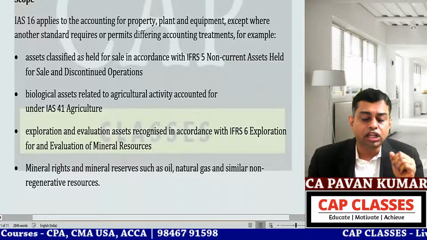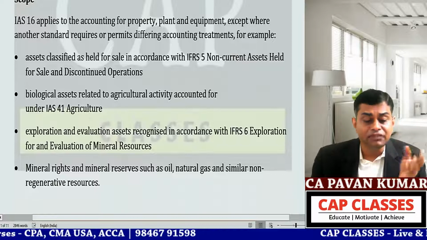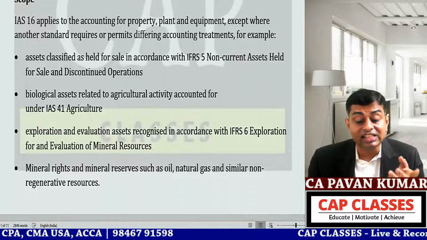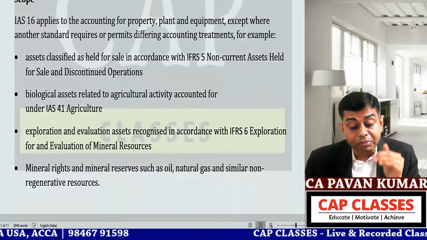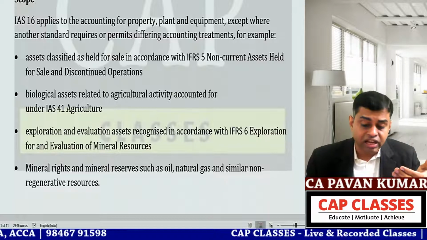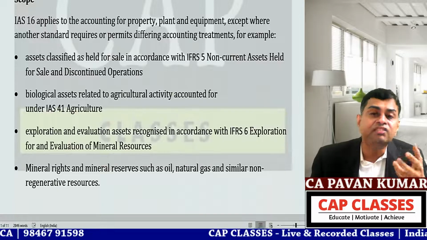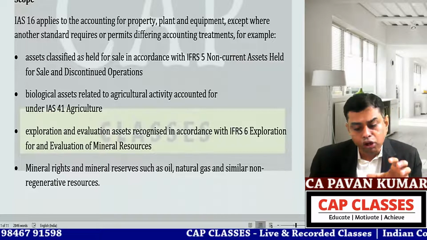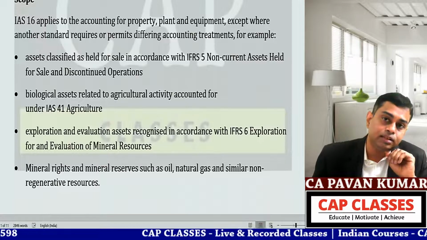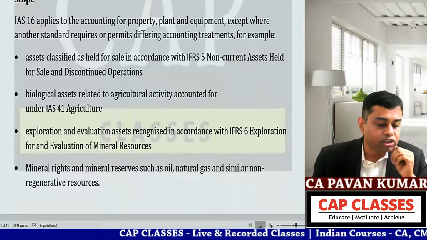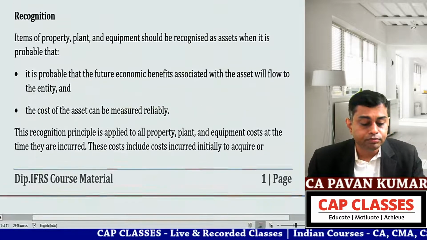Then if it is a biological asset, go to 41. If it is exploration and evaluation assets recognized in accordance with IFRS 6, don't come here, go to IFRS 6. Mineral rights, mineral reserves such as oil, natural gas, similar non-regenerative resources. For them also, in some countries guidance notes are there, in some countries accounting standards are there. You understand? That's it. This is scope.